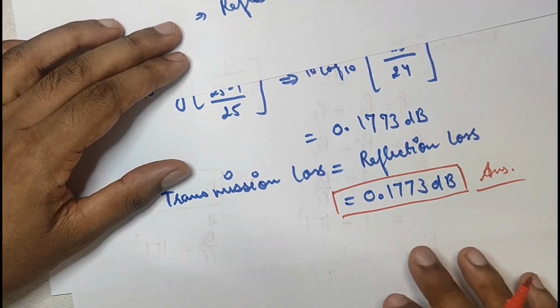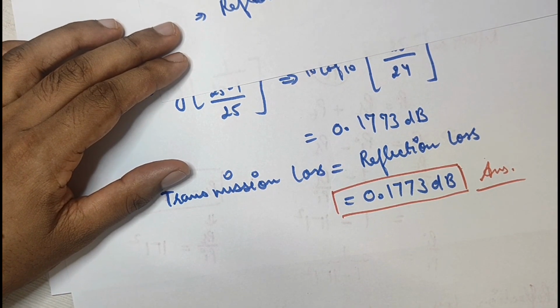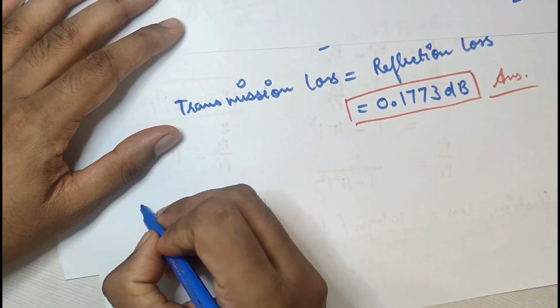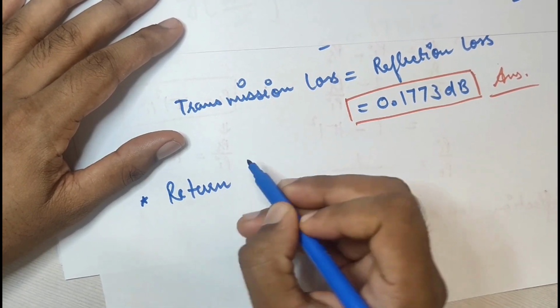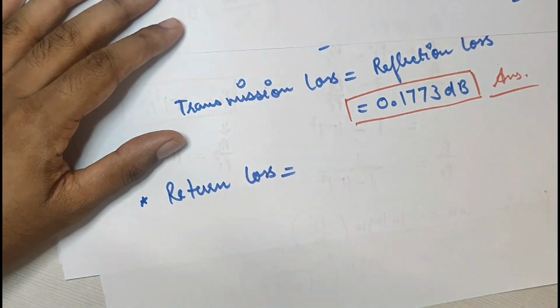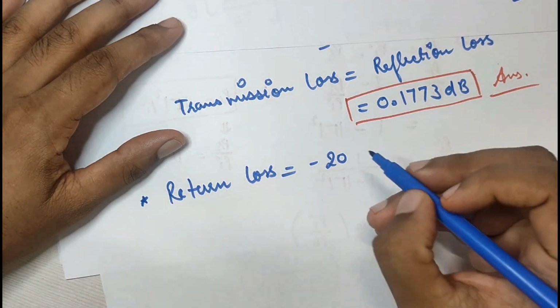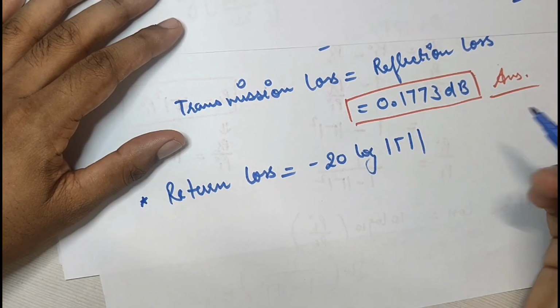That is the answer. Now the second part of this very question was the return loss. What is the formula for return loss? That is nothing but minus 20 log of the reflection coefficient, right?